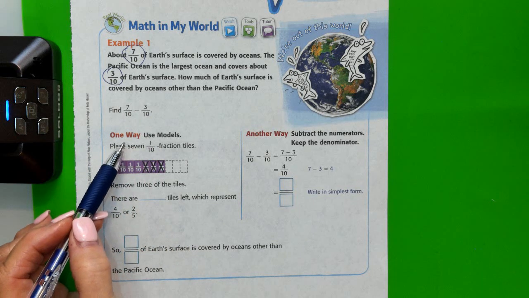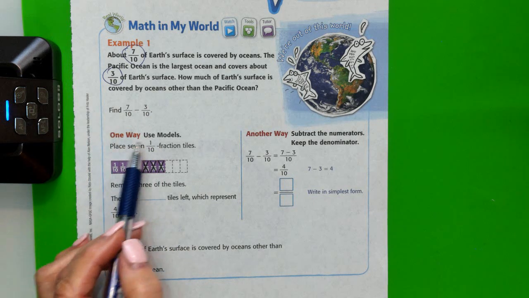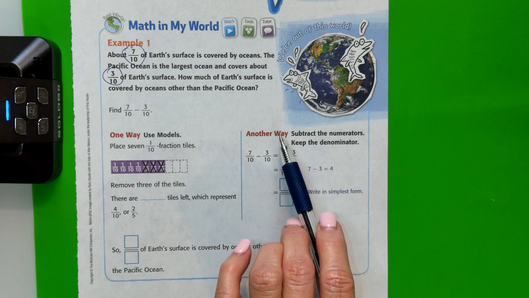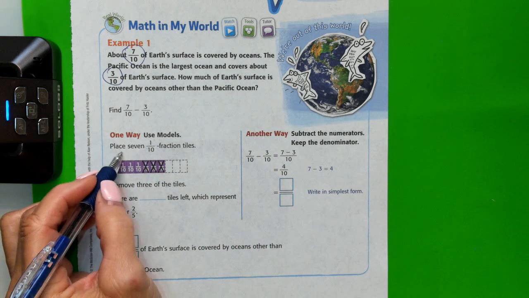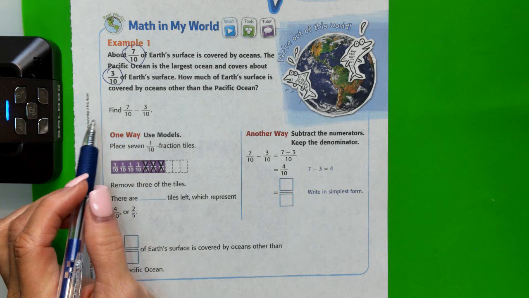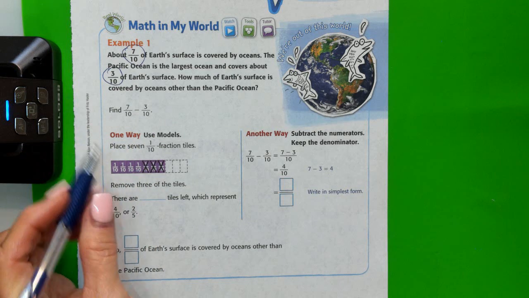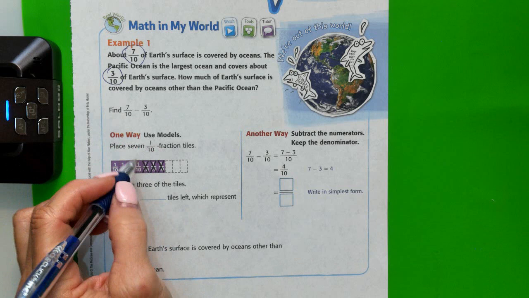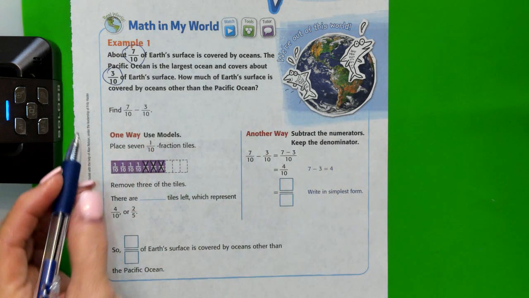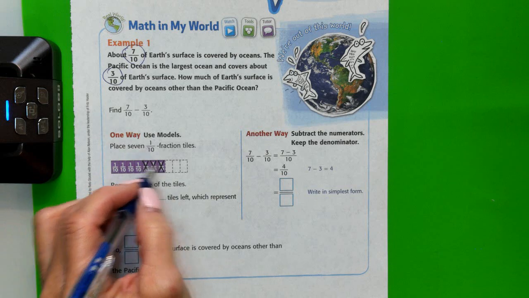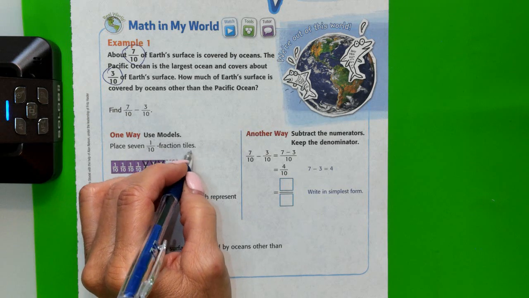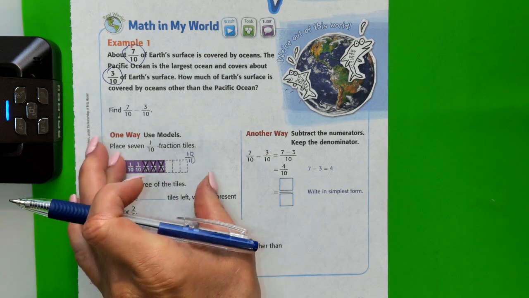And again, like last lesson, we're going to do it two different ways. We're going to use models, and then we're going to do it the other way. You can see that they placed 7 1/10 tiles, because 10 tenths are a whole. That would be all of the oceans, right? This is 10 tenths over here, so this is our whole.